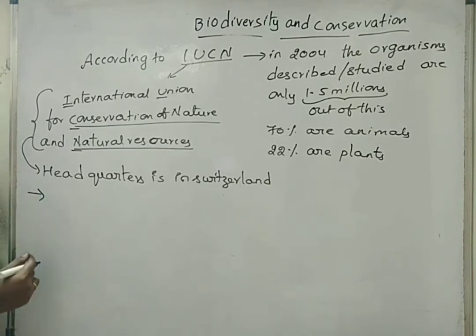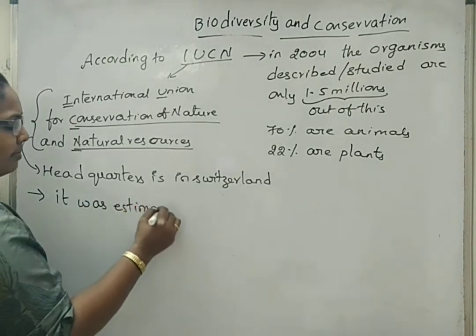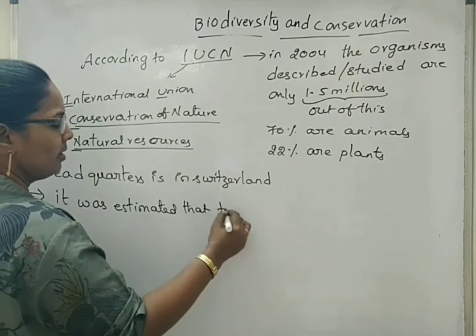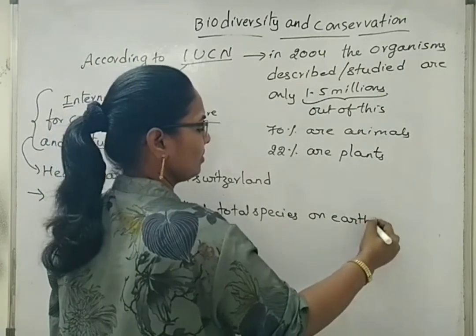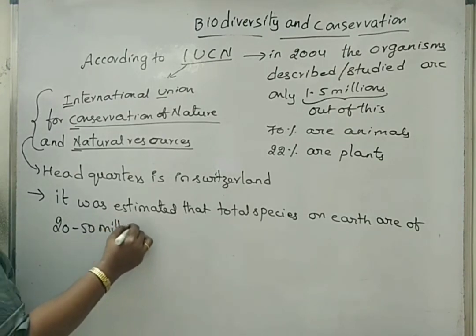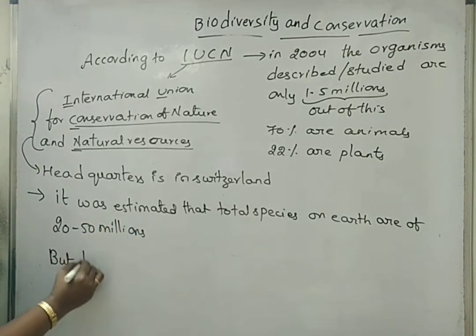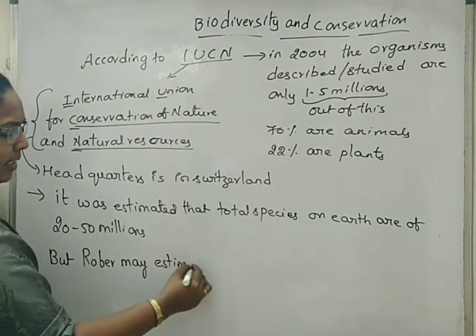It was estimated that the total number of species on Earth is 20 to 50 million only. But a person called Robert May estimated that there are only 7 million species.